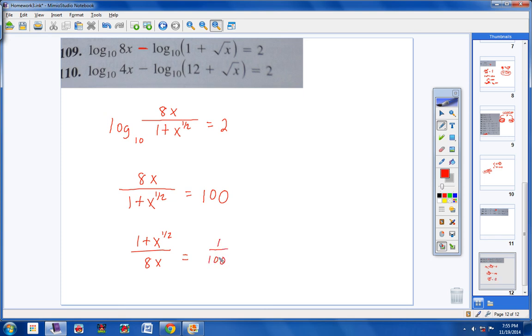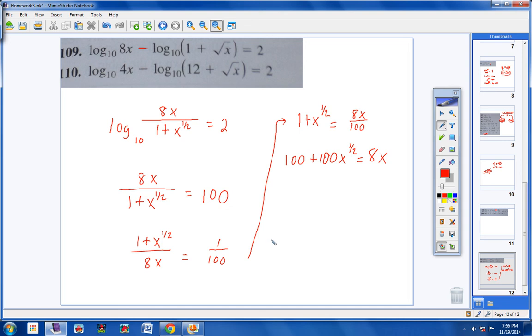Okay, multiply both sides by 8x. And I would have 1 plus x to the 1/2 equals 8x over 100. Okay, now multiply both sides by 100. And I would have 100 plus 100x to the 1/2 equals 8x.